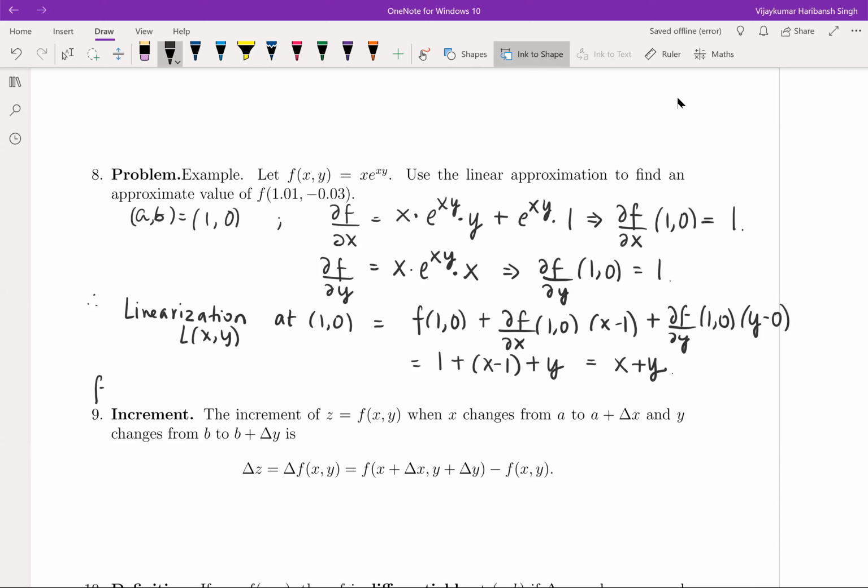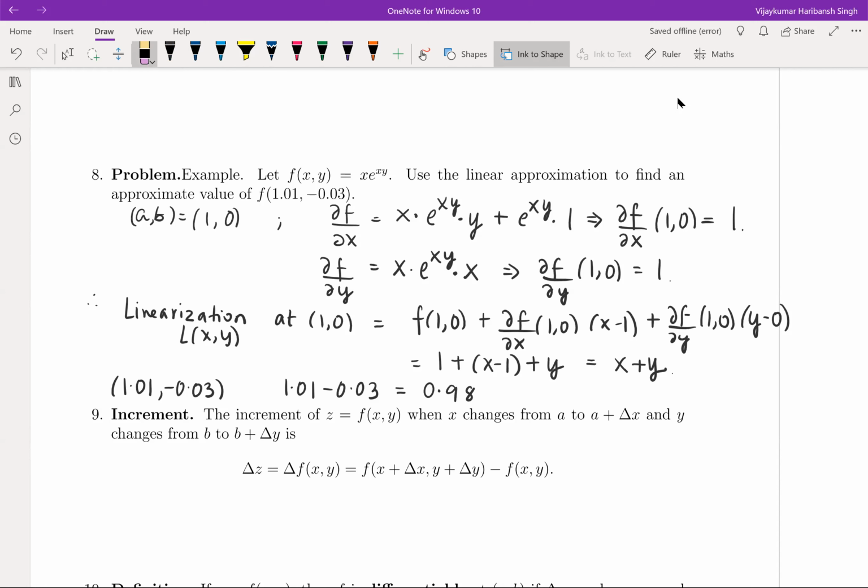So what is f of (1.01, -0.03)? It is going to be 1.01 minus 0.03, which is going to be 0.98. So this is your linearization. I should write down the intermediate steps.